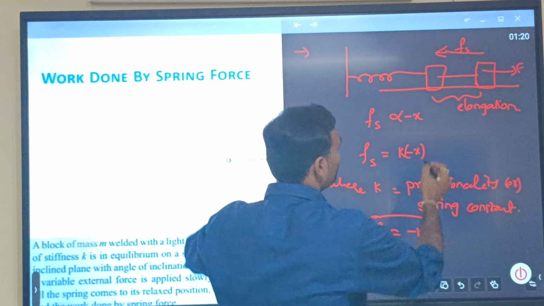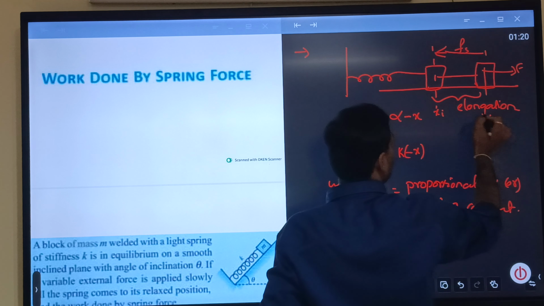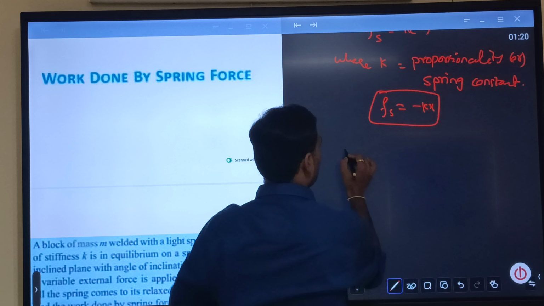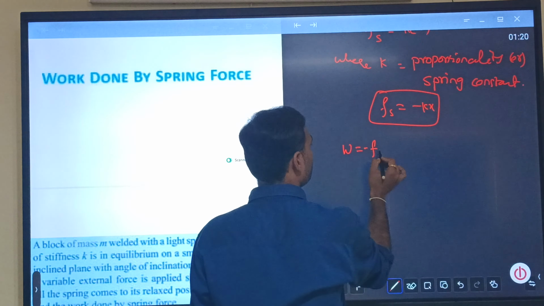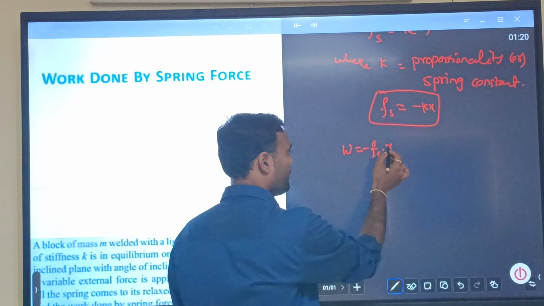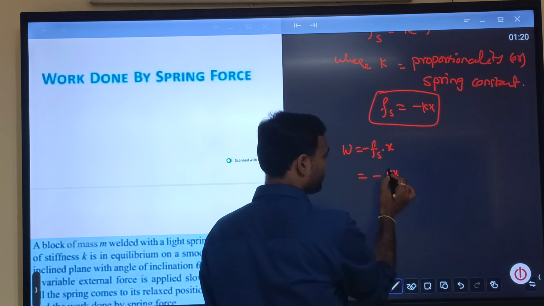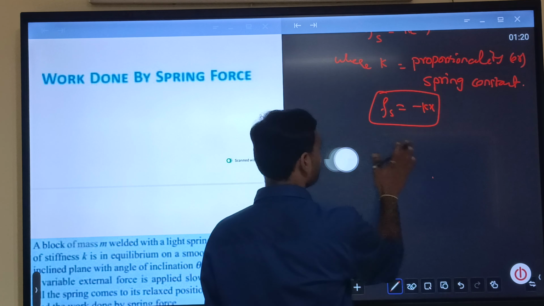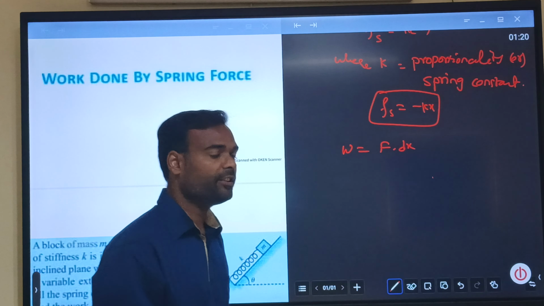Now suppose let us consider xf, right? Now work done is equal to minus Fs dot x, and see very carefully, minus Kx. Work done is equal to force into displacement.